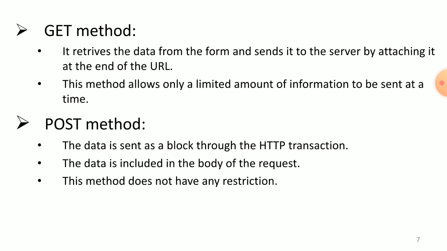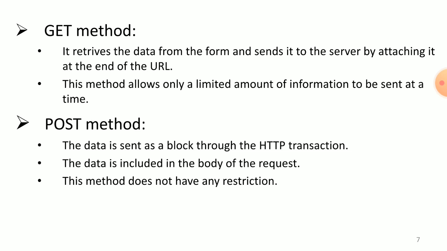What is the get method? It retrieves the data from the form and sends it to the server by attaching it at the end of the URL. URL, that means Uniform Resource Locator. That means website name. This method allows only a limited amount of information to be sent at a time. And second method is the post method.